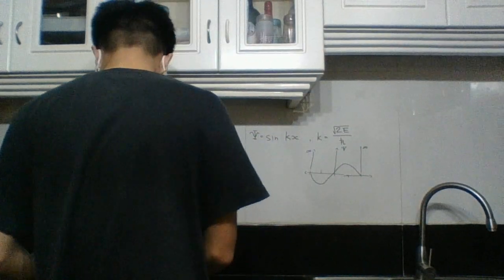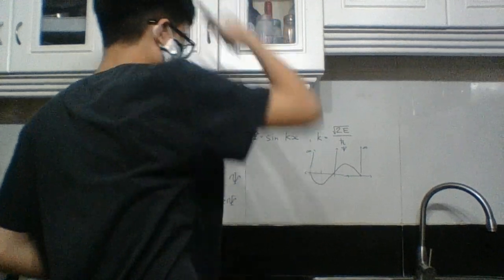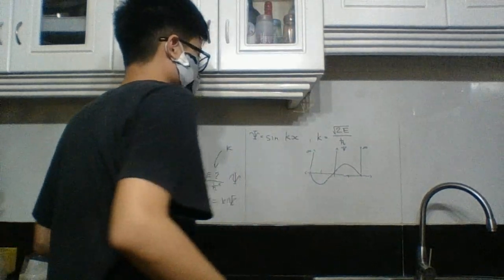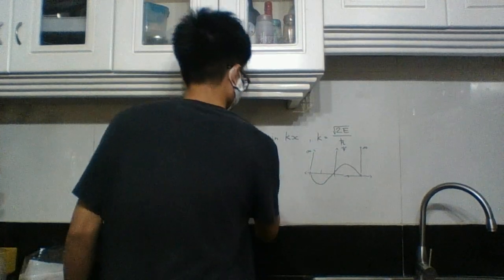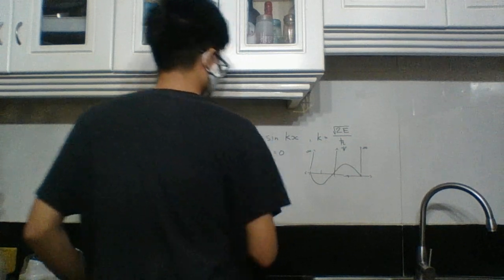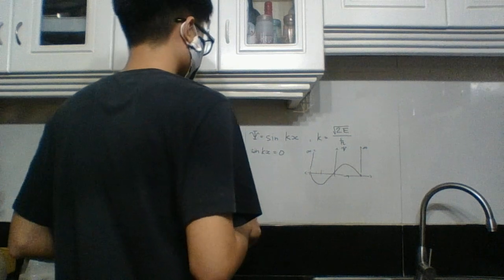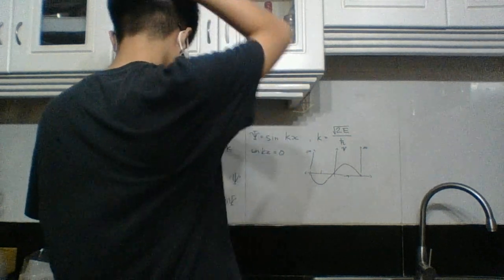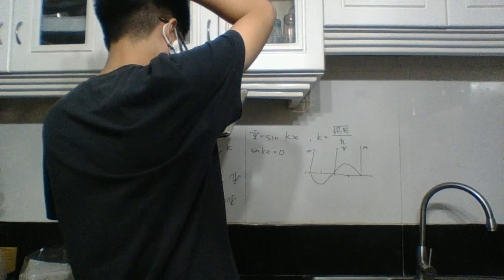So you notice that, of course, we just set sine kx equal to 0, and then find the kx that gives us an output of 0.